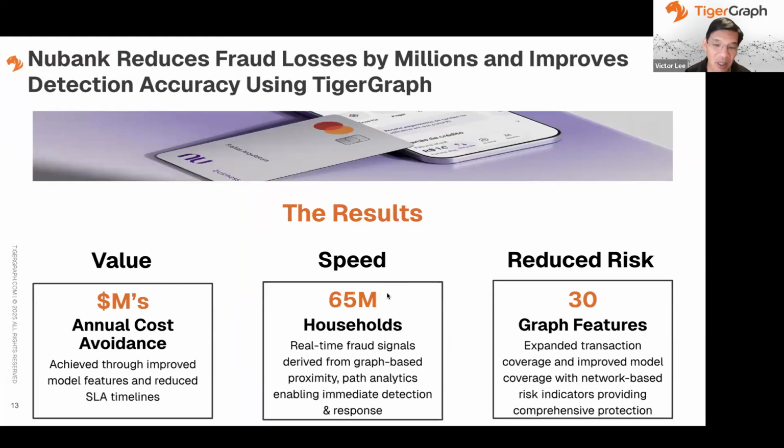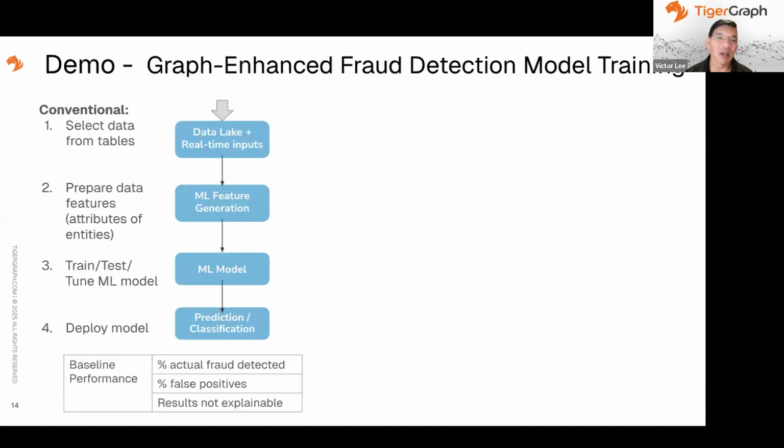So spread across Latin America, a similar amount of households as for Chase in North America. And in their case, using 30 graph features, which again are all run in real time, gives them added intelligence into the network of activity, what the relationships are, to trace who the fraudsters are.